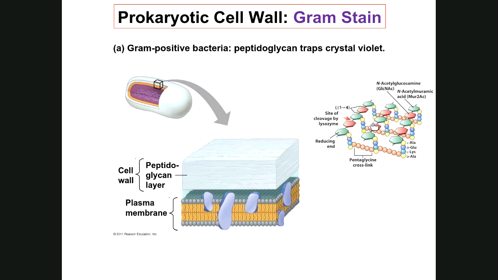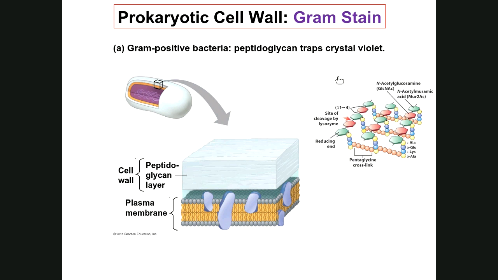And over here, I'm showing you what they would look like if we could magnify it. Now, whenever they're performing a gram stain, you initially add, say, crystal violet to the bacterium. You expose the bacterium to crystal violet. That crystal violet is bound very tightly by the peptidoglycan. Therefore, when you take the bacterium to the decolorization step or destaining step, this compound called peptidoglycan does not let go of the crystal violet.